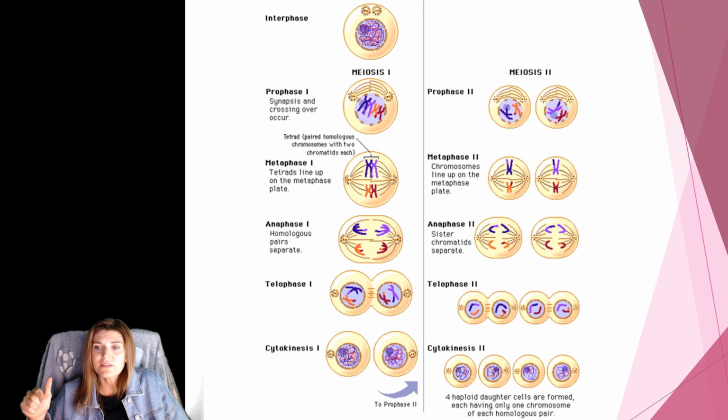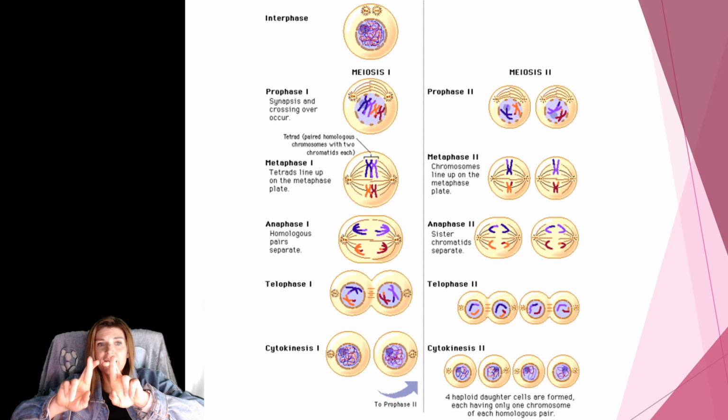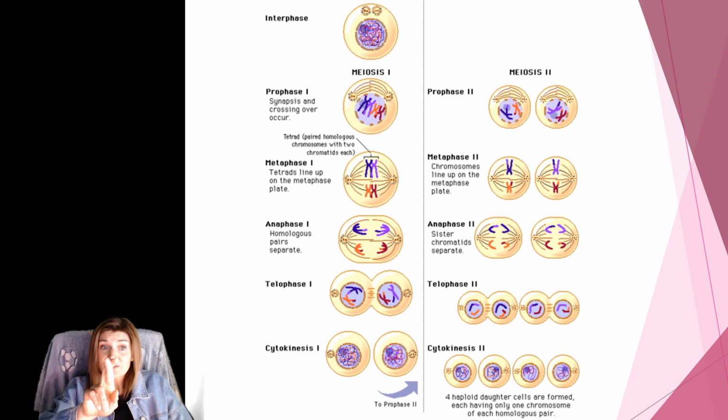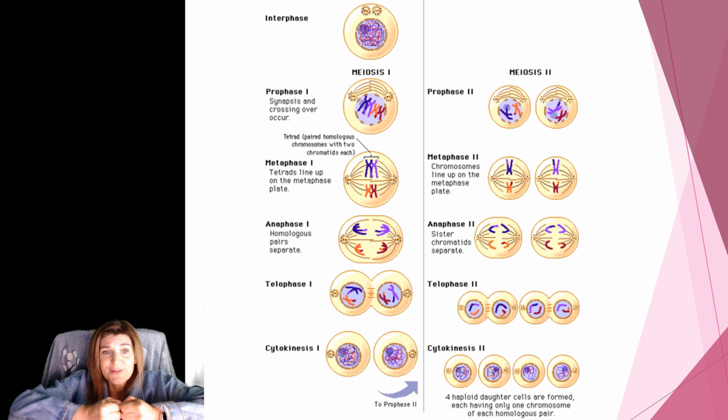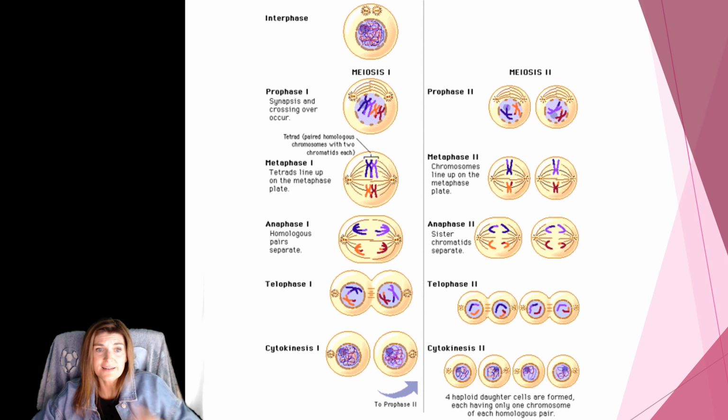And then in metaphase 2, we're going to go ahead and line up in the middle again. Okay, but this time, if you look at it, metaphase 1, we had 2 chromosomes together. Now we just have the 1. So in anaphase 2, that Anna bodybuilder is going to go wreck and pull it apart. So we have half of the genetic code here and half of the genetic code here in both of those cells.